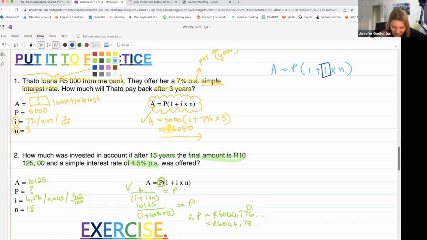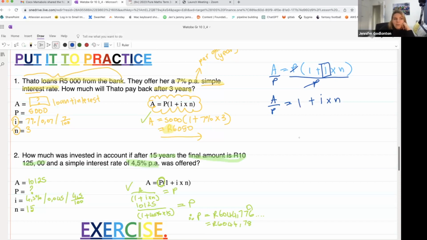I'm great. So, ma'am, we're going to start off by dividing both sides by P. Beautiful. I love it. Okay, so if we divide that side by P and that side by P, we're going to have A over P is equal to, I'm going to get rid of that bracket now because I don't need it, 1 plus I times N. Cool. Next step.